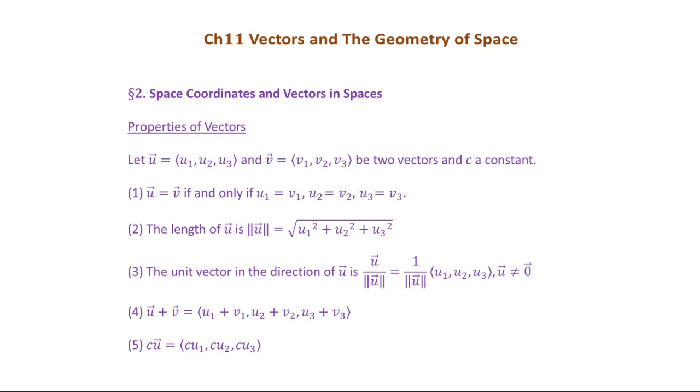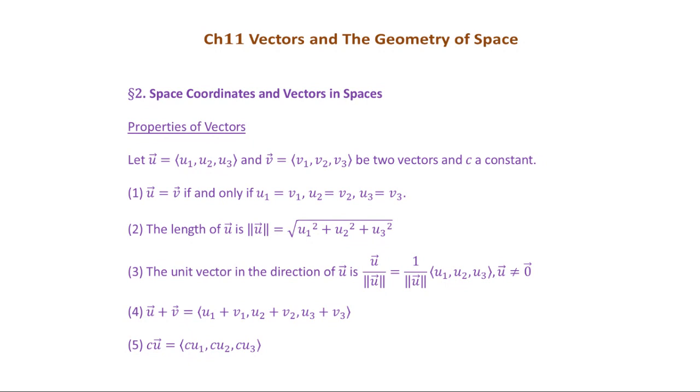And so if we say two vectors u and v are equal, that means the components are equal. So u1 equals v1, u2 equals v2, and u3 equals v3. And the length of vector u is just the square root of u1 squared plus u2 squared plus u3 squared. Just like the distance formula, right?